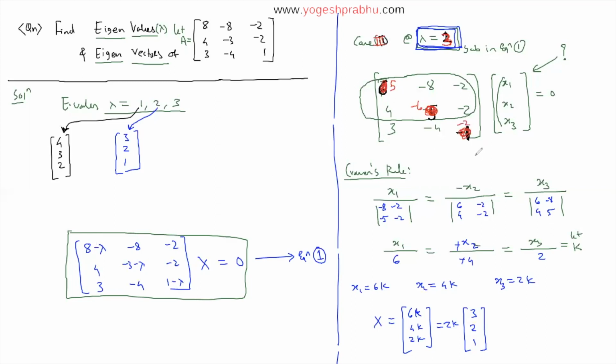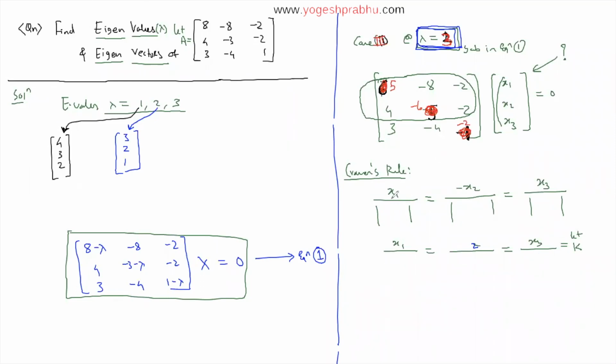Once I get these values, accordingly I'll again use Cramer's rule and simplify this more. You can take any two rows. I'll take first and second, and let us simplify this. So let me clear these things. For x1, it is minus 8, minus 2, minus 6, minus 2.